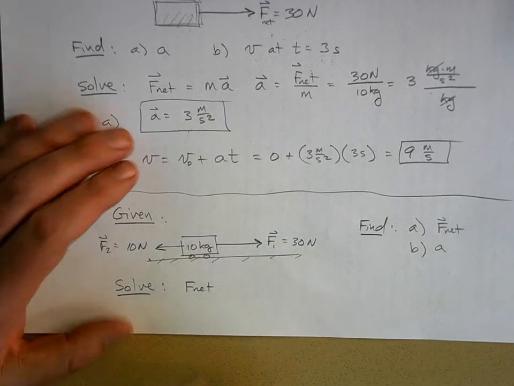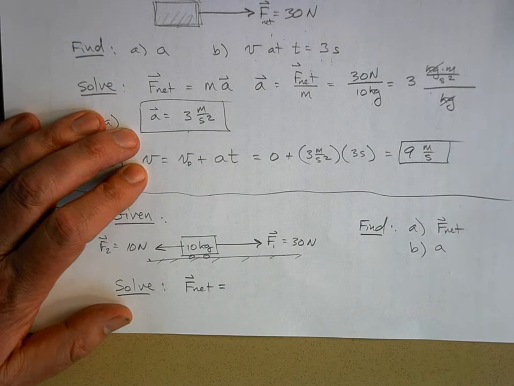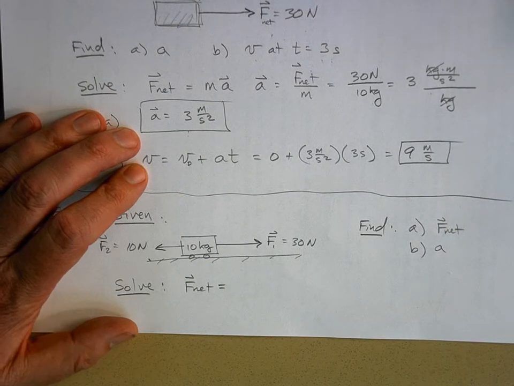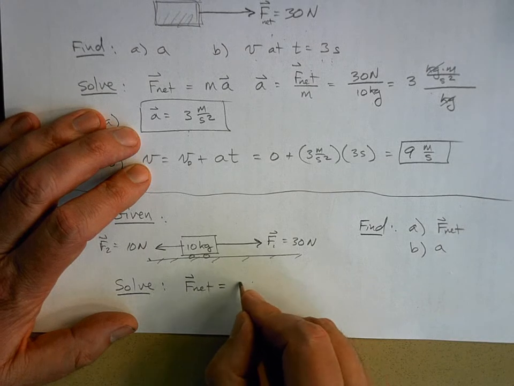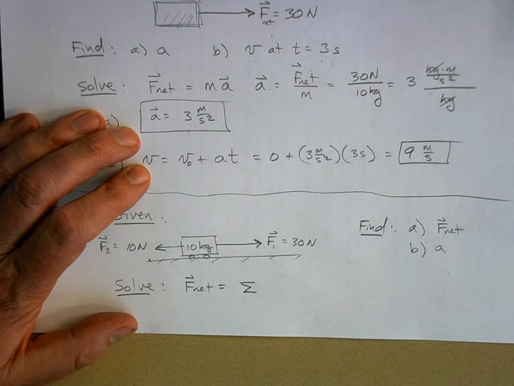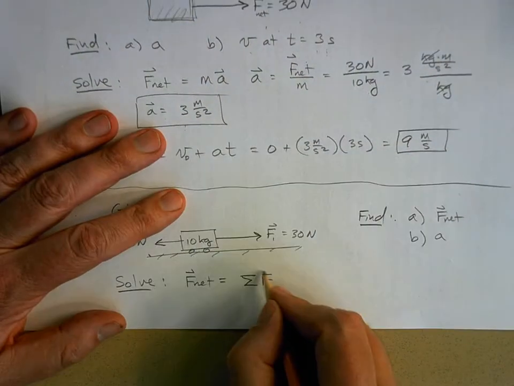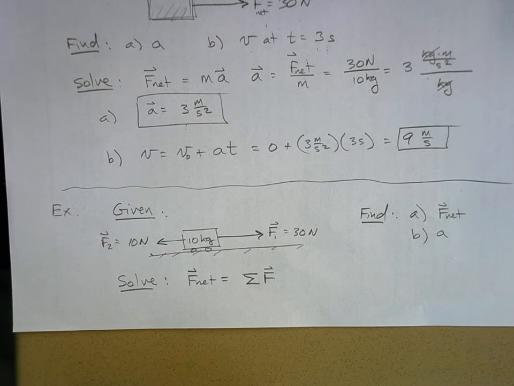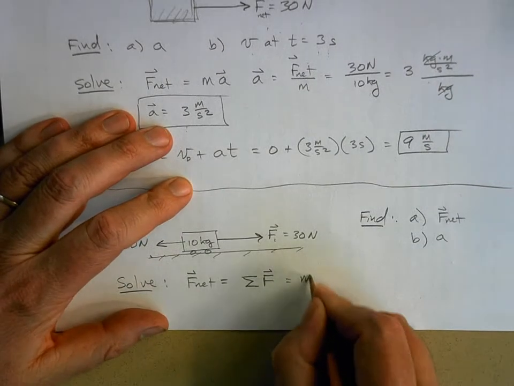So really, to get the net force, what do you have to do? Now, everybody pay attention to this. I know it's just an example, but when I say net force, I mean this. Have you ever seen that symbol before? Sum all the forces acting on the object. It's a summation sign. And that will equal the mass times the acceleration.